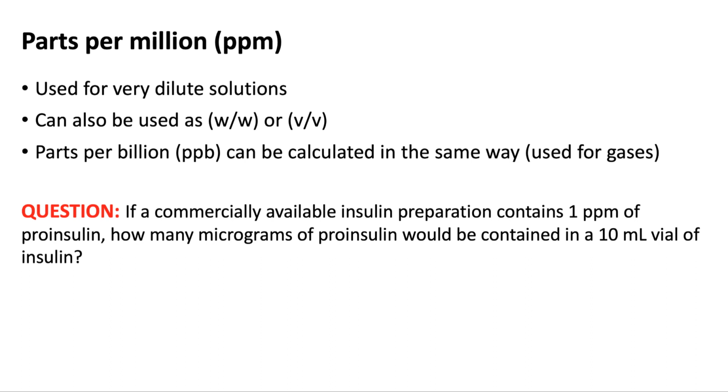So instead, we can just express it as parts per million. However, I'll just say, the parts per million is the relation of the part to the whole, the solute to the solution, if you will, but that it could still be a weight per weight, or it could be a volume per volume, okay? Or it can still also be a weight per volume. It can be still any combinations of those, okay?